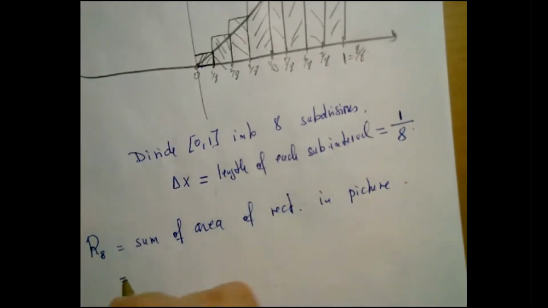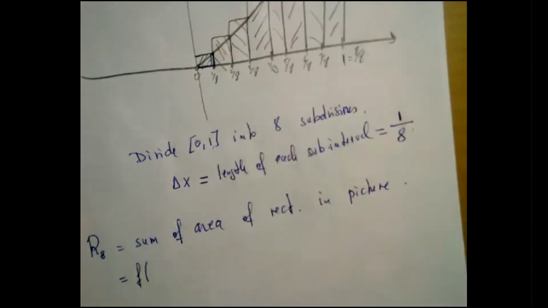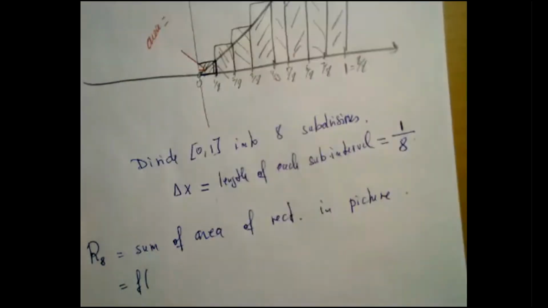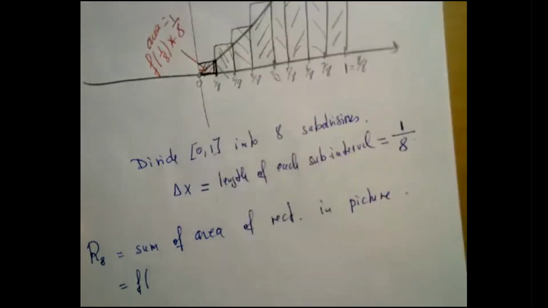Very good. It's the value of the function at 1 over 8 at the right point. So here, the area of that is the value at the right point, which is 1 over 8, times, so that's the height times the width, which is 1 over 8 in this problem.